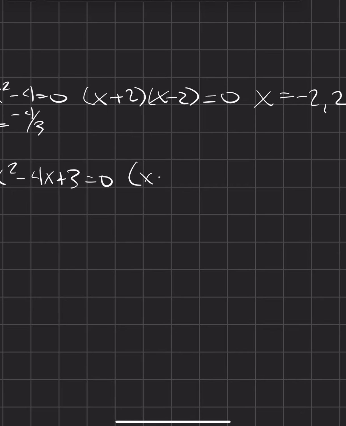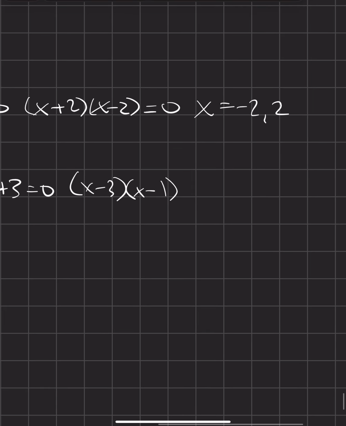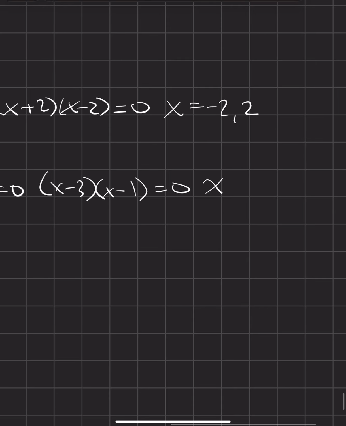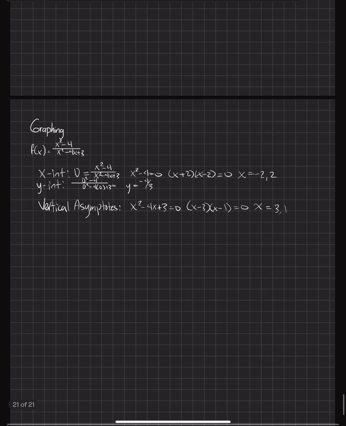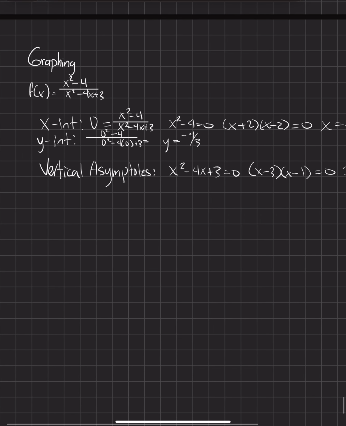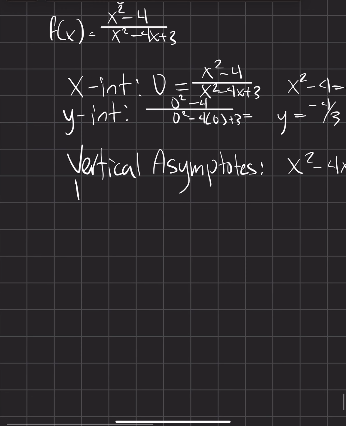We just factor this out and get x minus 3, x minus 1 equals 0. And then our vertical asymptotes are going to be when x is equal to 3 or 1.